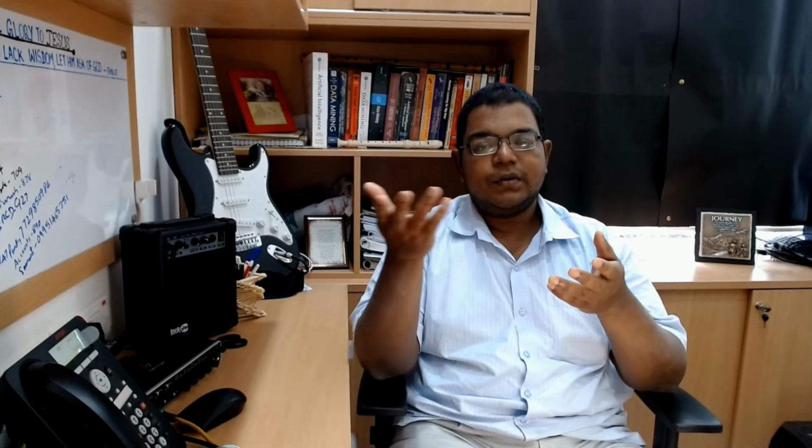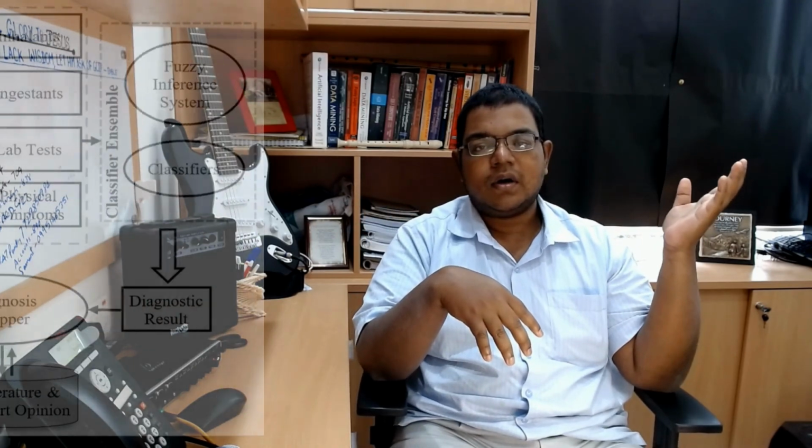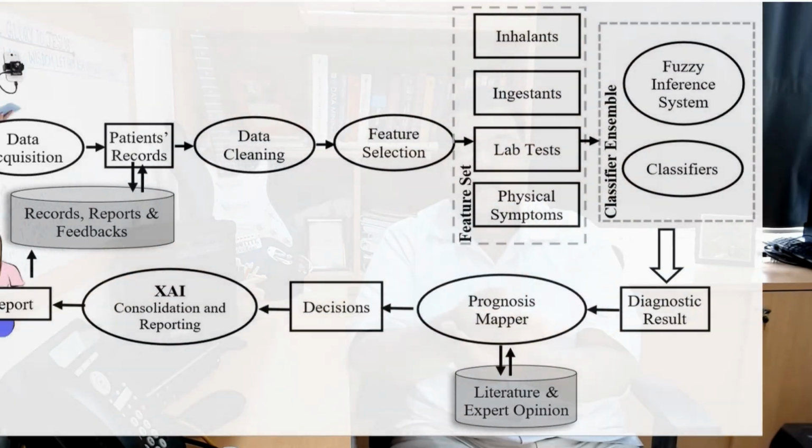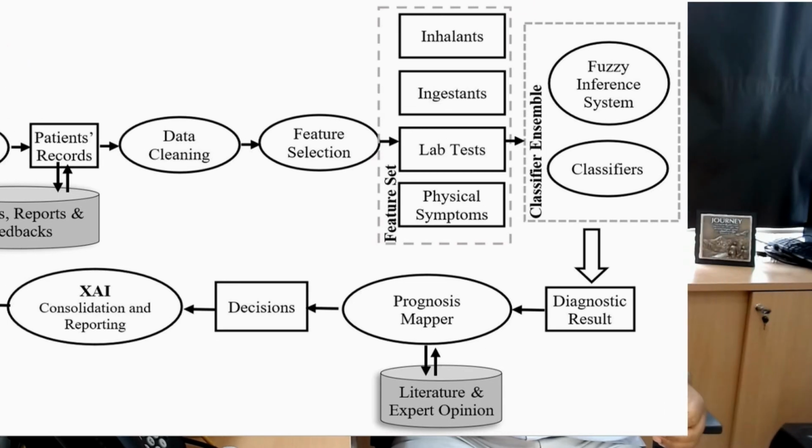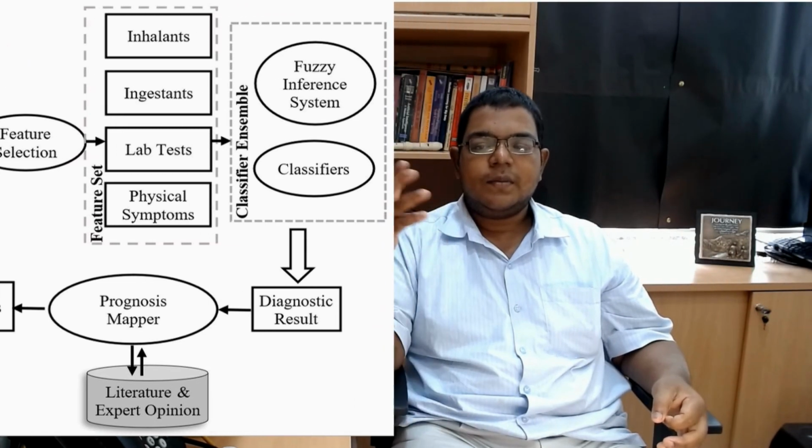So finally, coming to the consolidation and reporting phase, this module takes all the alternatives and choices into consideration and will generate a final concise report that is essential and available to the patient, the clinician, and also to the remote clinician, if someone is diagnosing or supervising from a remote location. So the final report will be integrated with XAI techniques, or explainable artificial intelligence frameworks, to enable the system to develop interpretable and inclusive decisions, and this will enable the clinicians to deploy them with confidence.